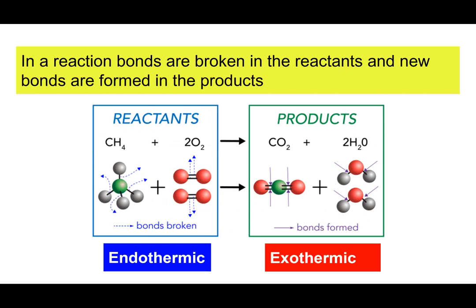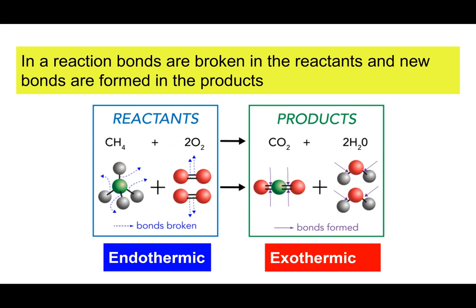In my product, I'm going to need to make bonds between the carbon and the oxygens, and bonds between the oxygens and the hydrogens in water. And underneath you can see that clearly. Bond breaking is an endothermic process, and bond making is an exothermic process. Okay, so this is always the case.